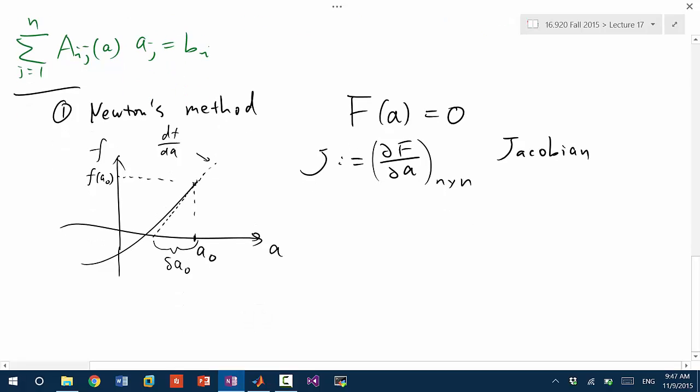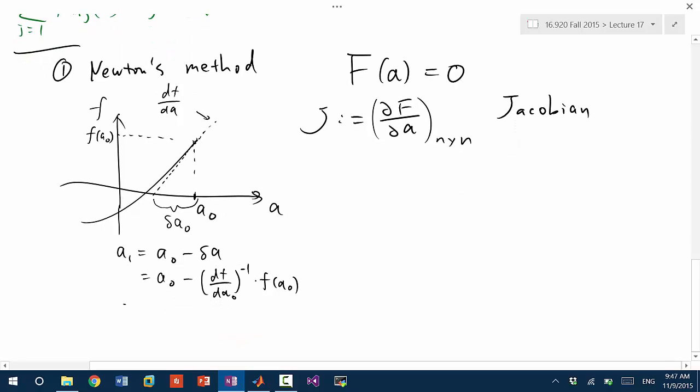Which means in this case a1 is equal to a0 minus delta a, and this delta a is equal to the reciprocal of df/da times f of a, at a0, right?